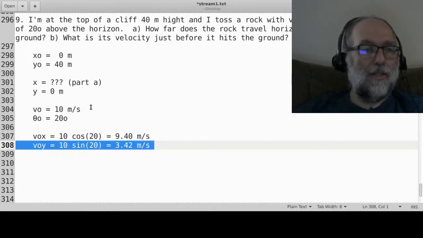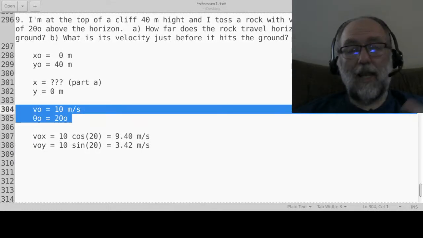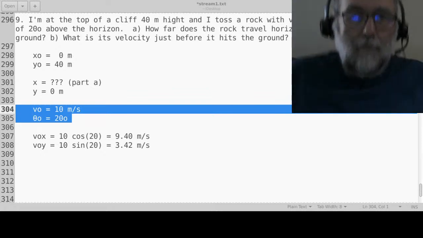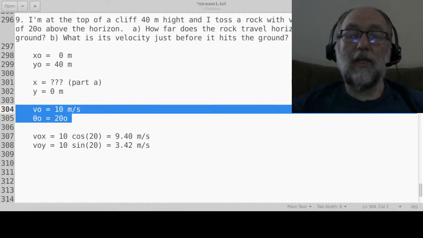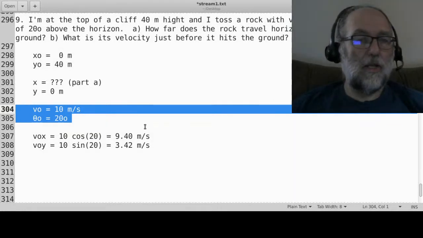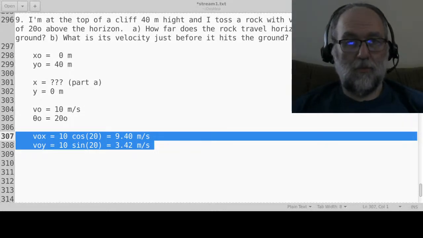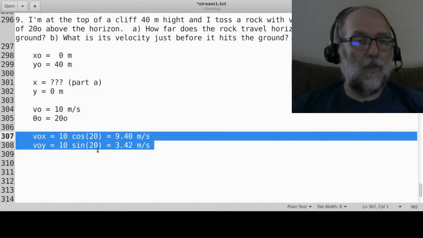Remember, in the problem I gave you the magnitude and the direction. Magnitude and direction are polar, but we need Cartesian, so we convert using the r cosine theta and r sine theta formulas that we used above, and there it is.